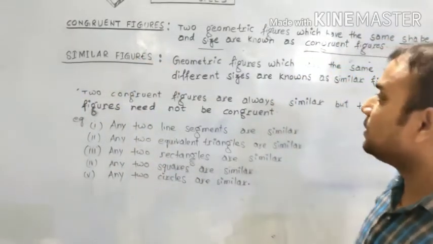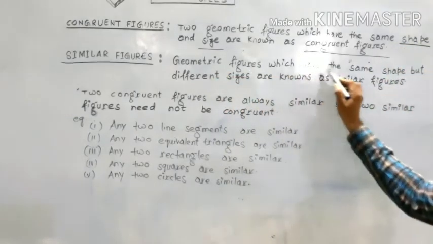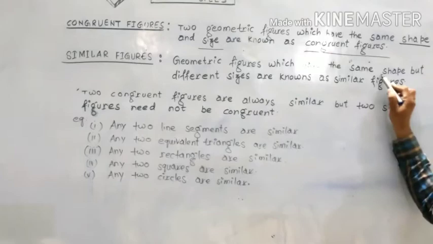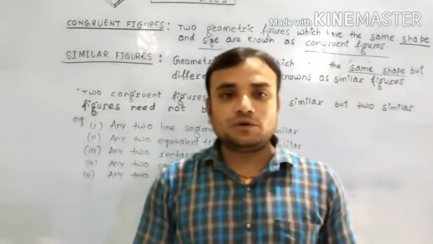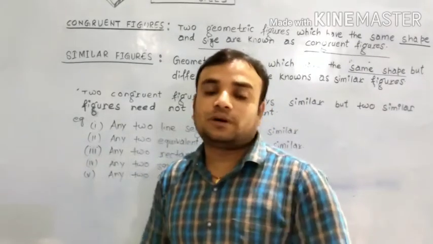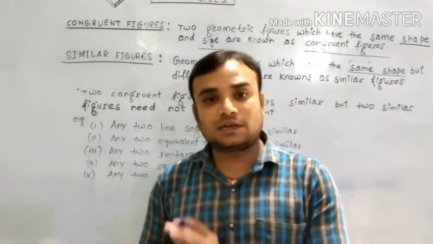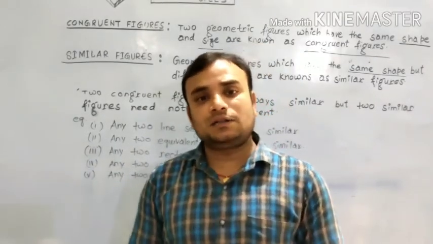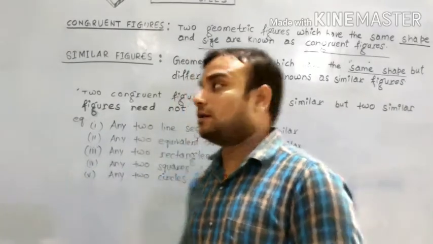Similar figures means geometric figures which have the same shape. That means if you take a rectangle, then the other geometrical figure is also a rectangle. Rectangle to rectangle, and if you take a triangle, then the other geometrical figure is also a triangle.